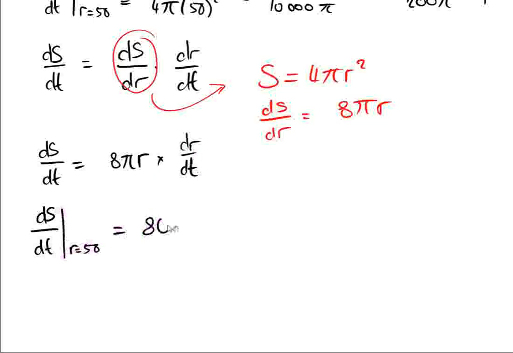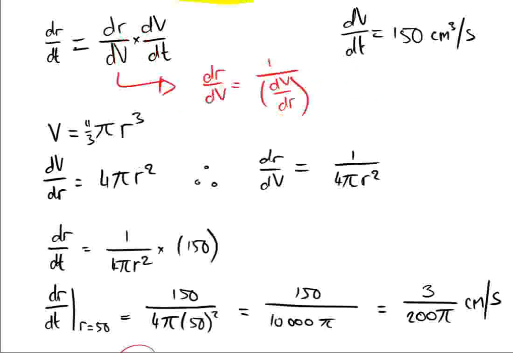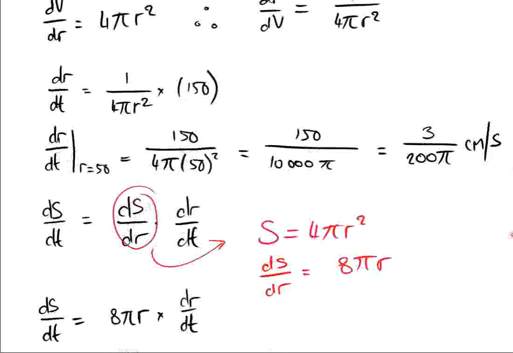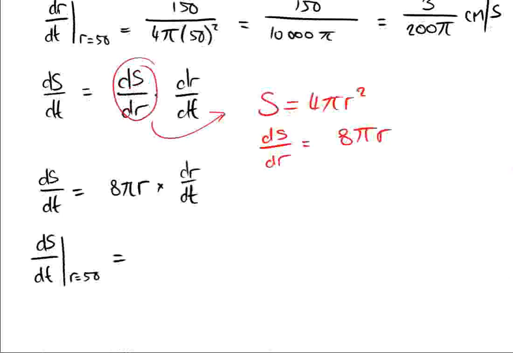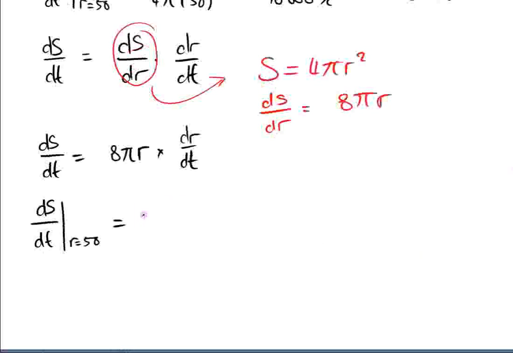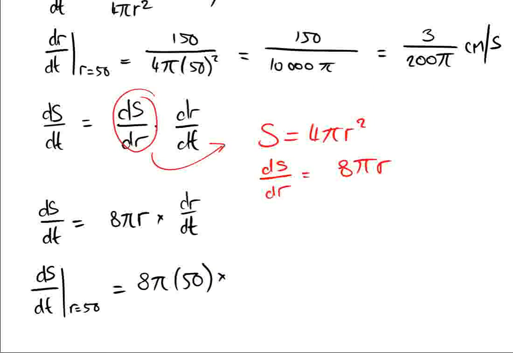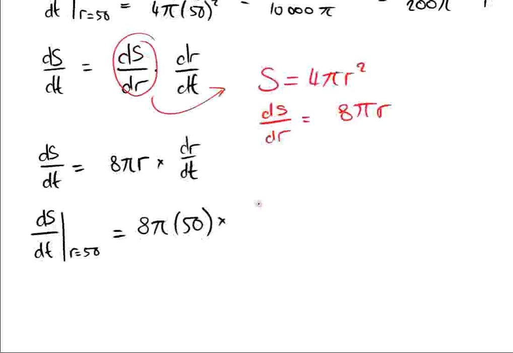So this is 8 pi 50 times, and now I put in this value, 3 over 200 pi. So what's that going to be equal to?